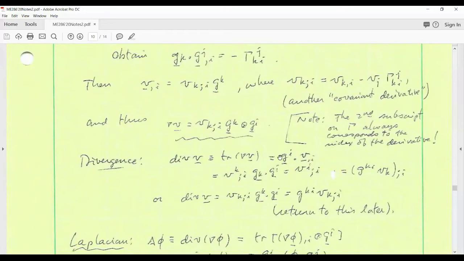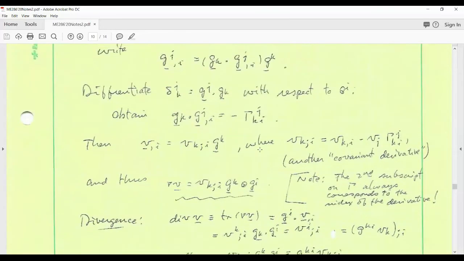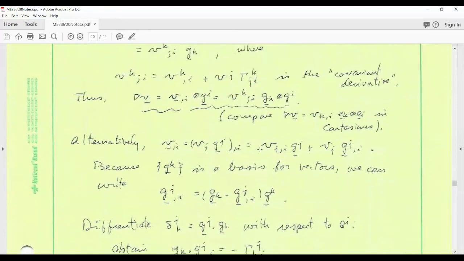Okay. With these representations, we can find a representation for the divergence of the vector. By definition, that's the trace of the gradient of a vector, which of course is itself a second-order tensor. Using the first representation for the gradient, we had here this one, take the trace of this.